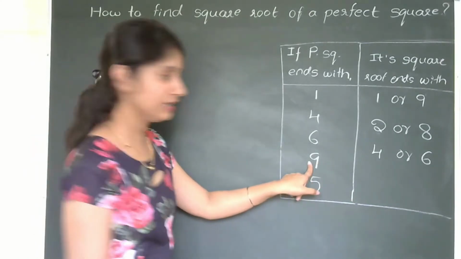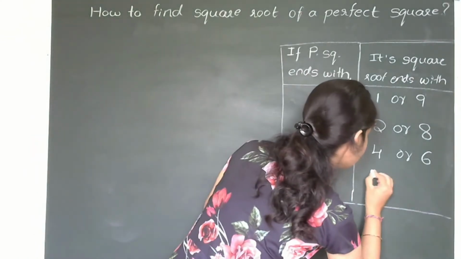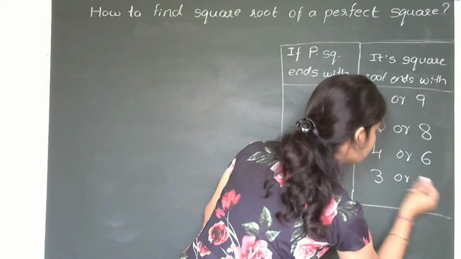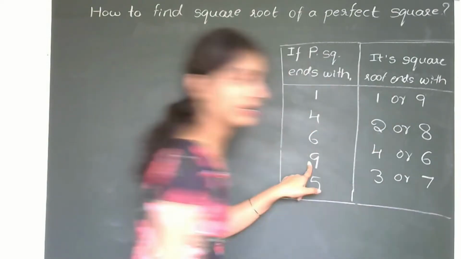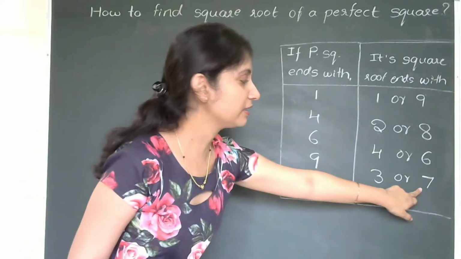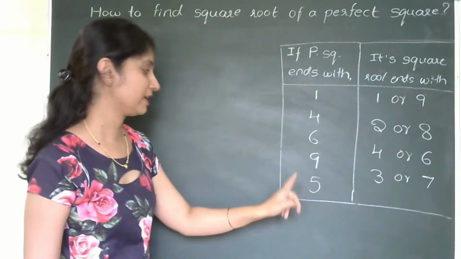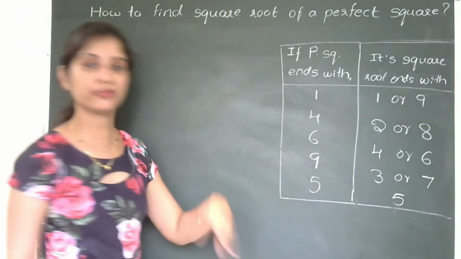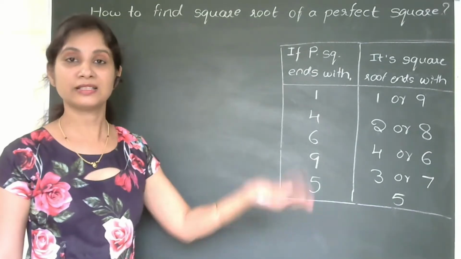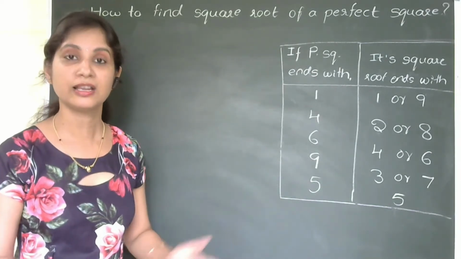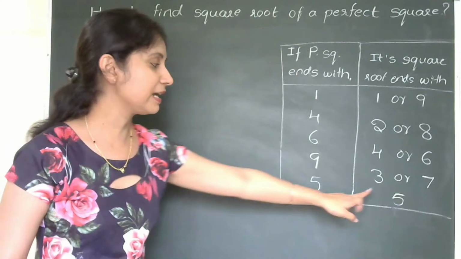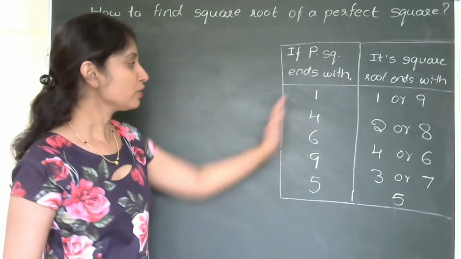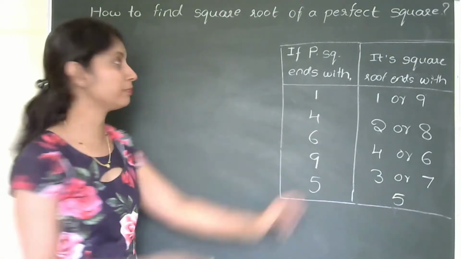Now 9: 3 threes are 9 or 7 sevens are 49, so its root will contain 7 or 3 in its units place. And 5 is nothing but 5 only. 5 fives are 25, 25 twenty-fives or 15 fifteens is 225, so it always ends with 5 only.